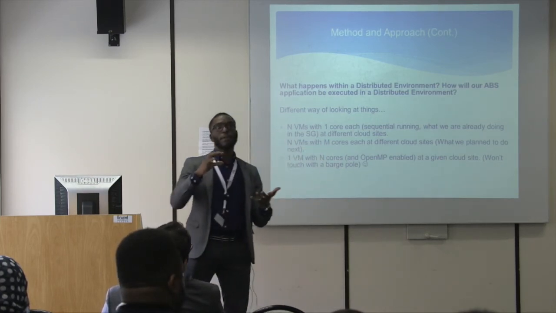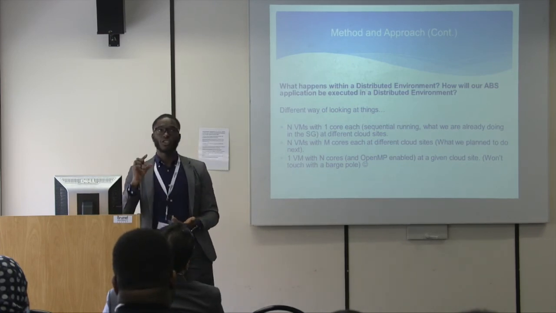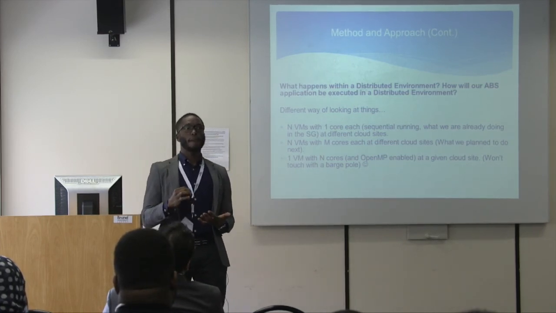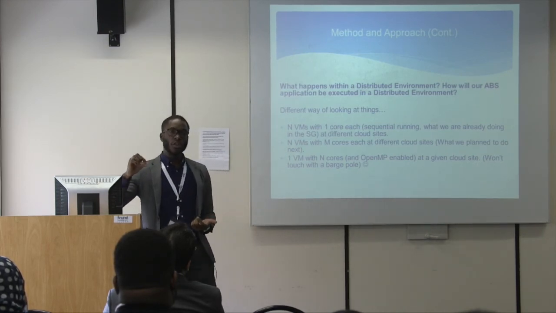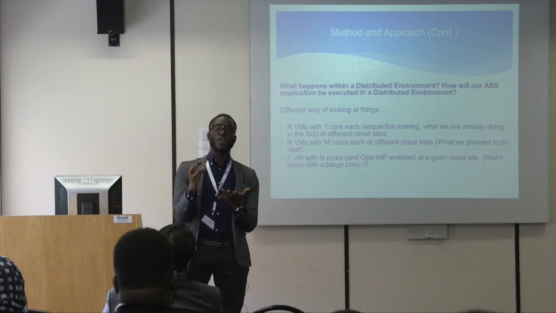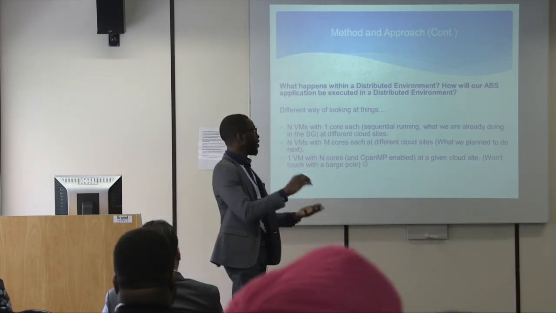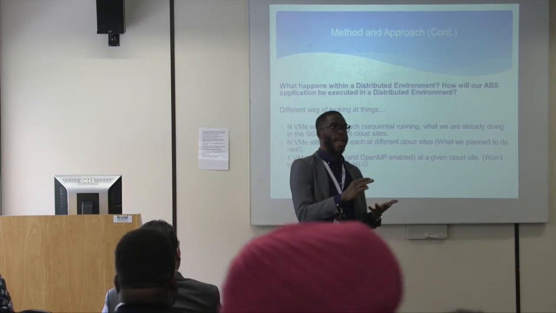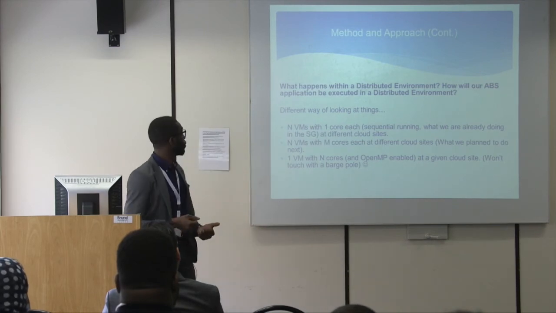The second one is we have P jobs, one simulation each. Then we have N virtual machines and M cores. Then we try to find a way of parallelly mapping the P jobs to our N virtual machines with their M cores.